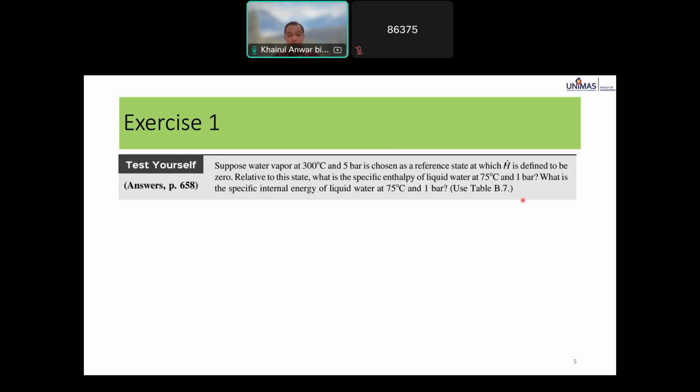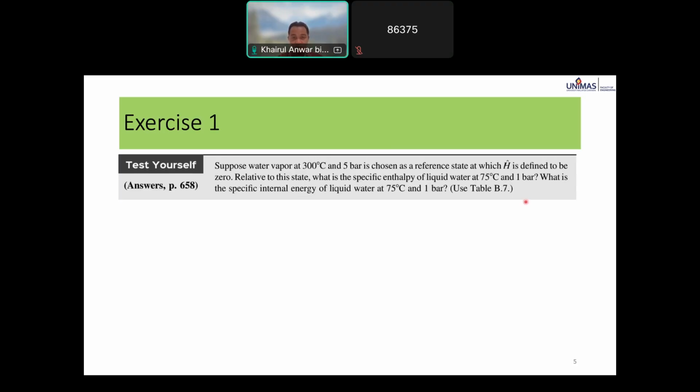So what we need to do is refer to table B7, the easiest. Search for 5 bar, 300 degrees C. So 5 bar, 300 degrees C is the reference state.